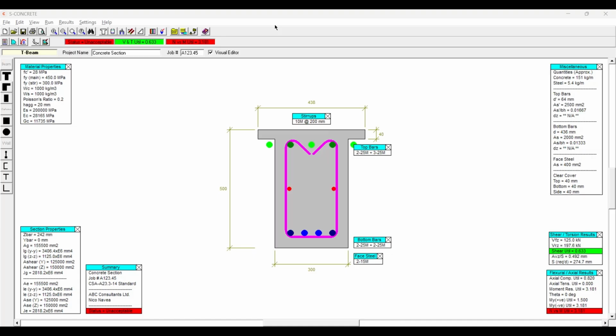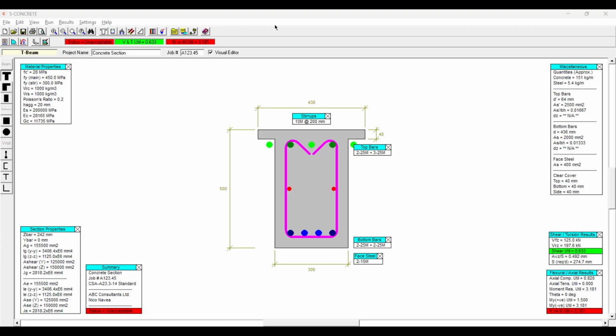Because this beam is primarily subjected to flexure with negligible axial load, the governing condition is the bending moment capacity. The interaction diagram verifies that the selected reinforcement provides adequate resistance against the applied ultimate moment of 736 kilonewton meter while maintaining a tension controlled failure mode.